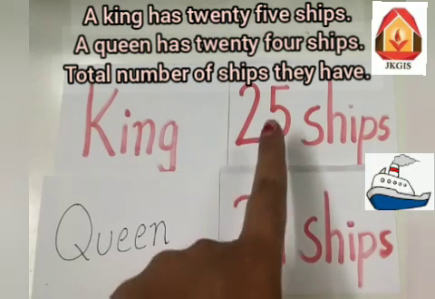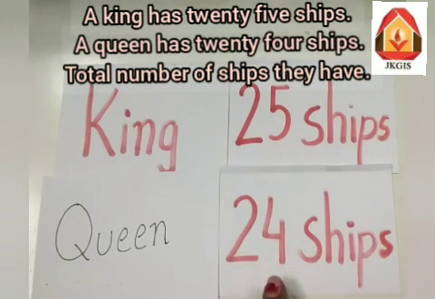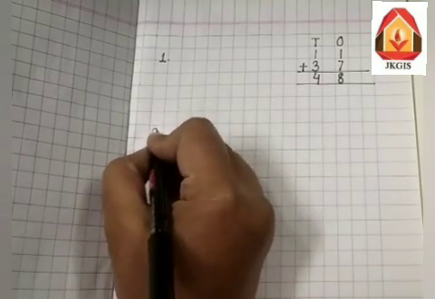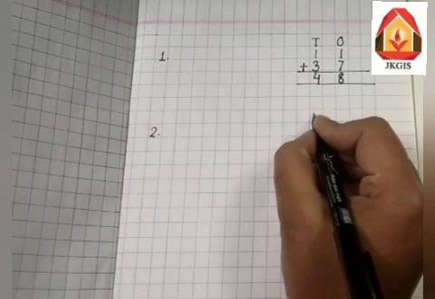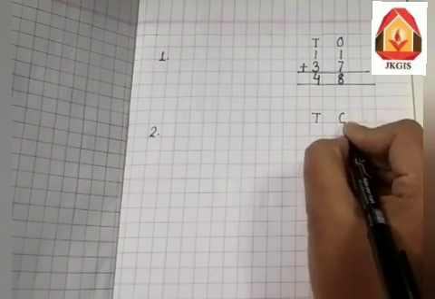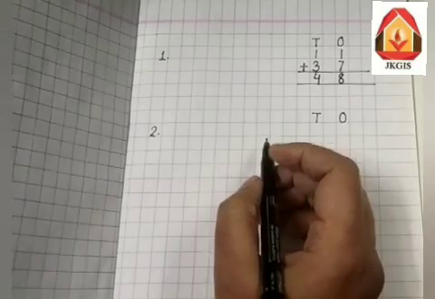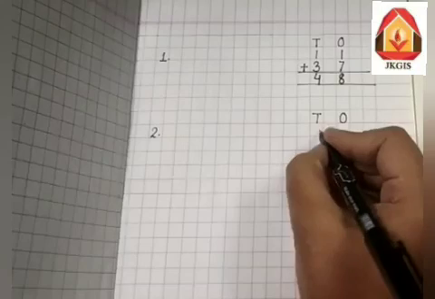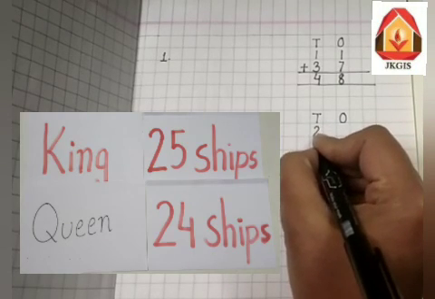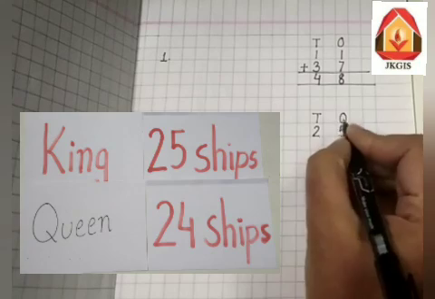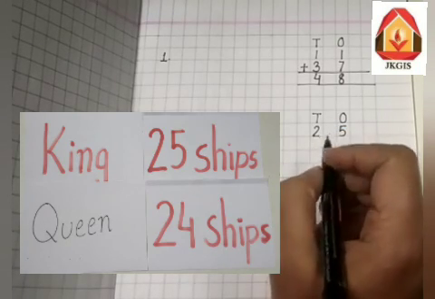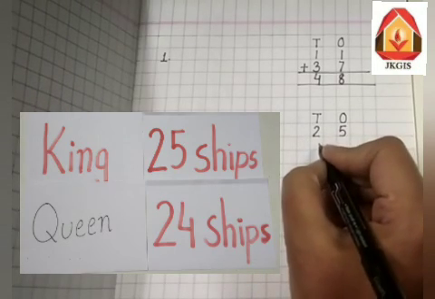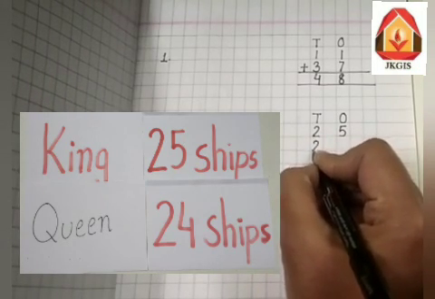Now we have to find out the total number of ships they both have. So we will write number 2 here, and again we will write tens and ones. So the first gender was king. A king has 25 ships. So first we will write the first number, 25. 2, 5, 25. Then a queen has 24 ships.